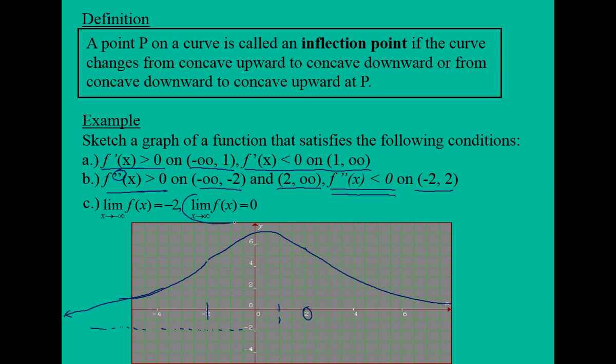And then the second portion, it says the limit of f of x as x approaches infinity equals 0. So again, that tells us we have a horizontal asymptote at 0, so the graph would be approaching 0. So that's the general shape of our curve that fits all of these criteria.